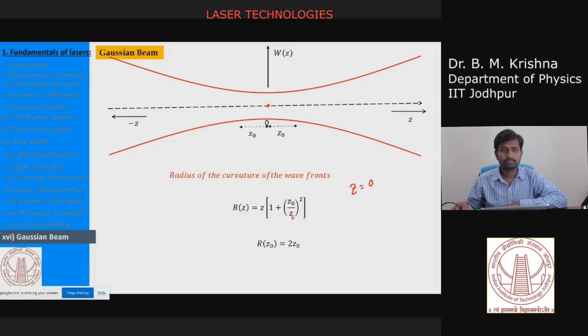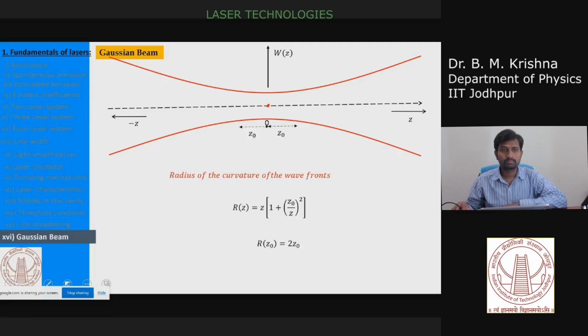You substitute z equals 0, so your z naught gets cancelled, and you get 1 plus 1. That is nothing but z equals z naught. So you will get your radius of curvature equals 2 z naught, and we know that z naught is a constant, right? So your 2 z naught is a constant, and you will get a constant phase.